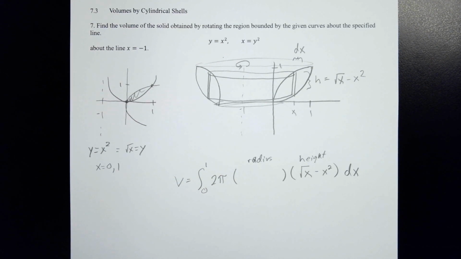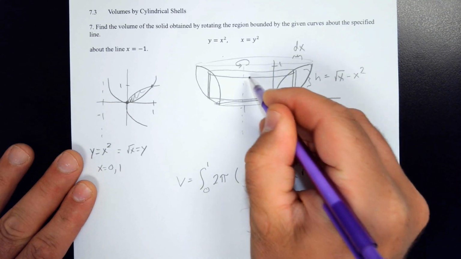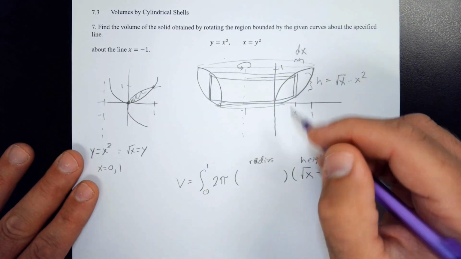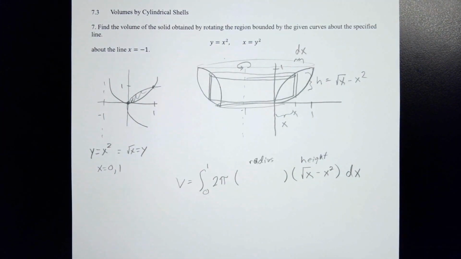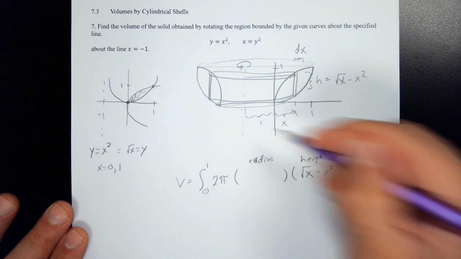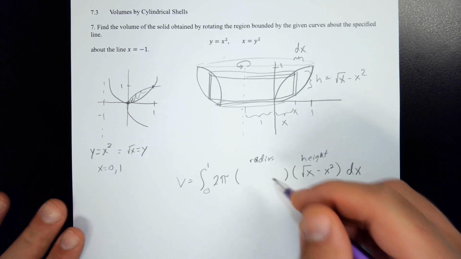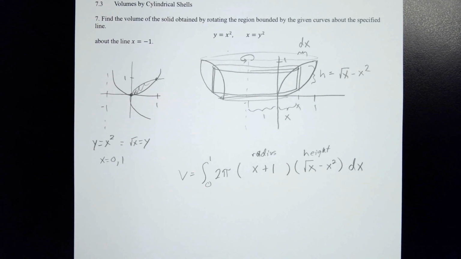So that's my height right there. Now, the radius is this distance right here. If it was just this distance, we've already written that distance as x. But it's that distance plus a little more, and this distance is 1. So I've got 1 and x together, so the radius is going to be x plus 1. And we've done the hard part of this problem, which is the setup.